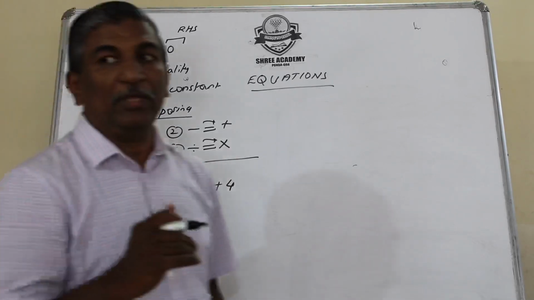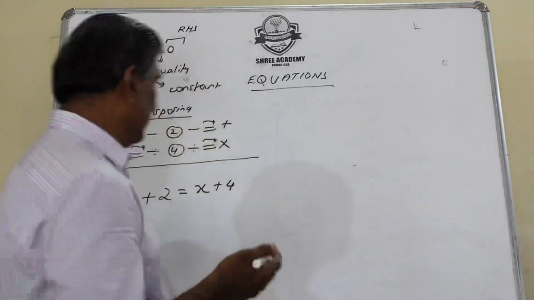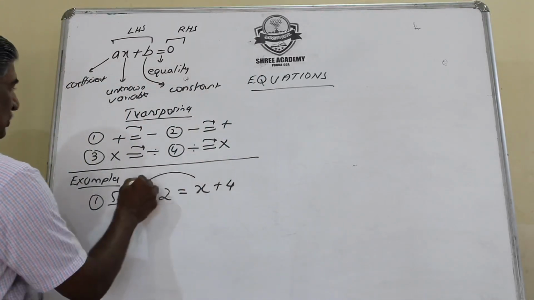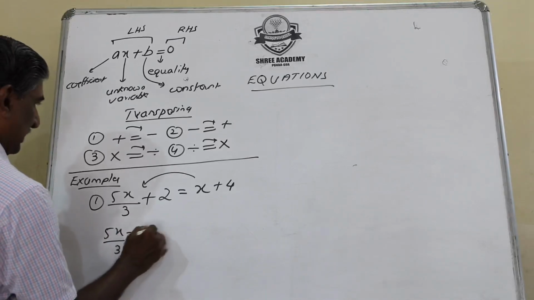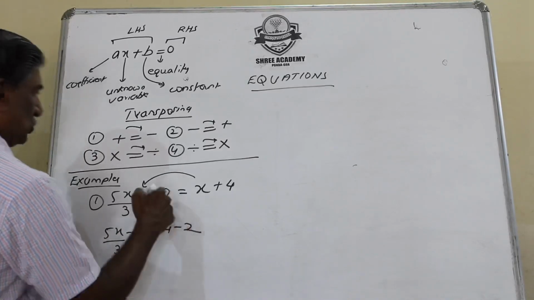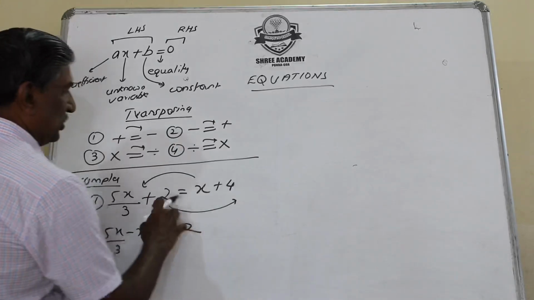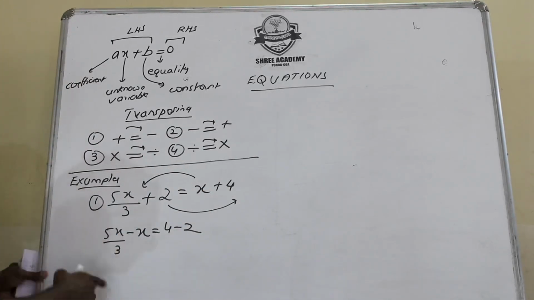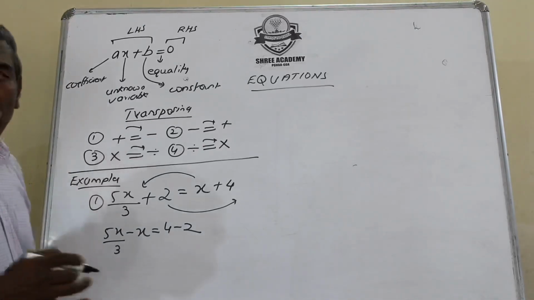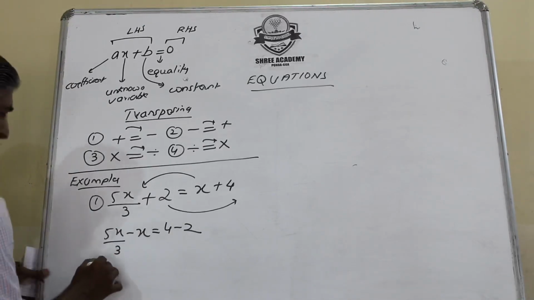We will try to bring the variables together. So I will first bring this like this: 5x/3 - x = 4 - 2. I transpose this 2 here, plus 2 becomes minus 2, x becomes x. Then I have to solve this. Remember, x means x/1. So we have to cross multiply.